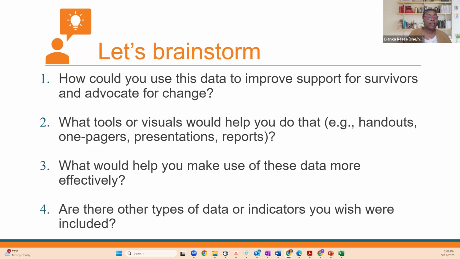Thank you, Raina. This is a great point. Like I mentioned before, if there's any feedback on the data dashboard, if there's something that is missing or doesn't look quite right, we will make adjustments. There is a form to fill out. I'll share the link at the end, but you can also email prevention@nccasa.org.